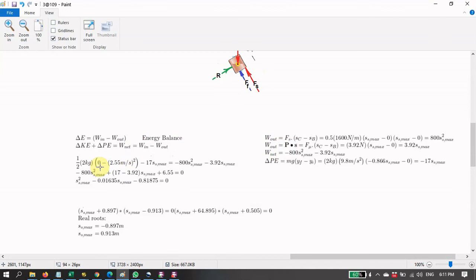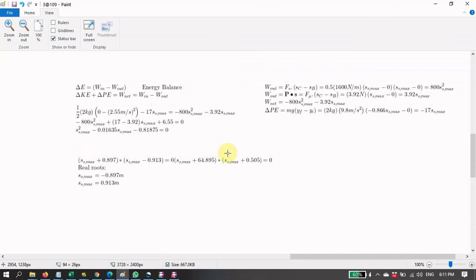So the final velocity is 0, and the initial velocity is the velocity at B, and then after replacing all these total energy changes on the right hand side, we get this quadratic equation.